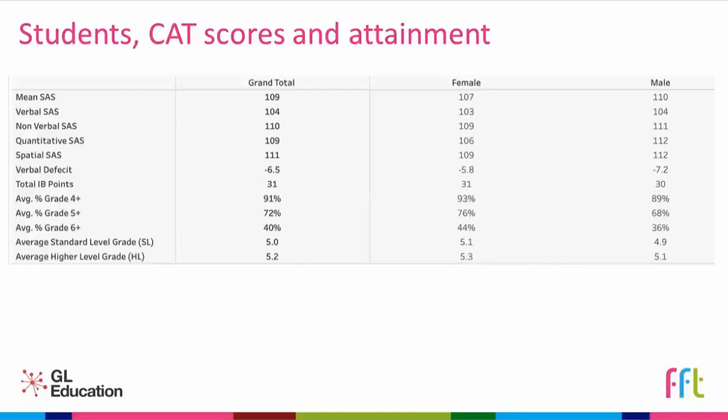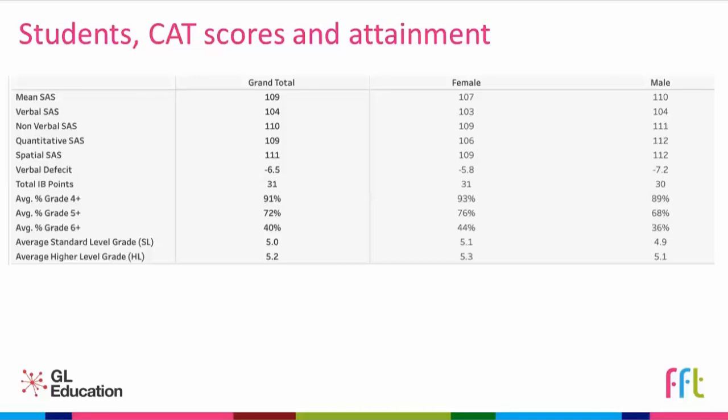To start with, you can see the first 5 rows are showing you the average CAT scores for students in schools using the service. Unsurprisingly, the students that are doing IB tend to have higher than average attainment. They have higher than average CAT scores, where 100 would be the average for all students.